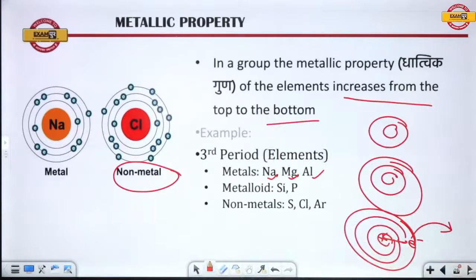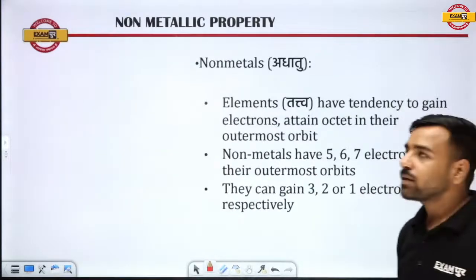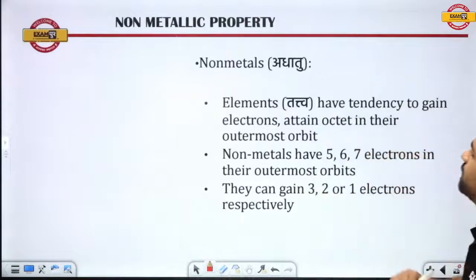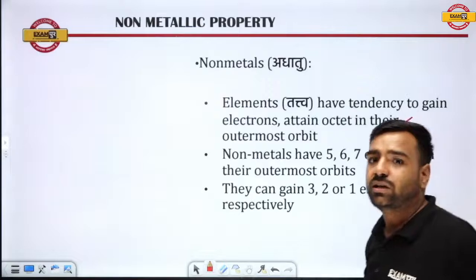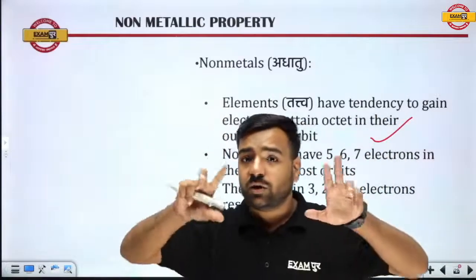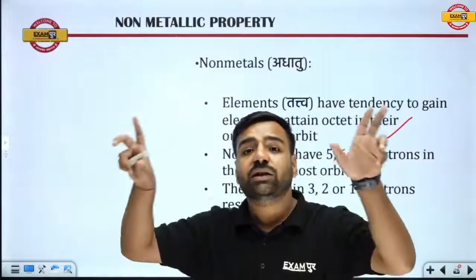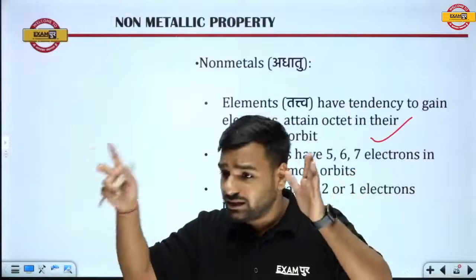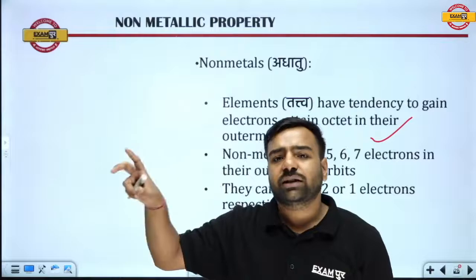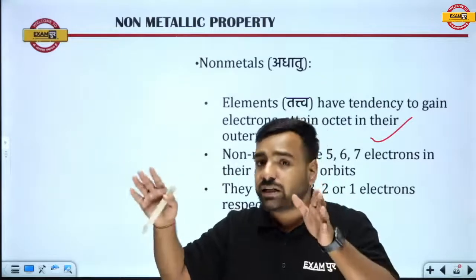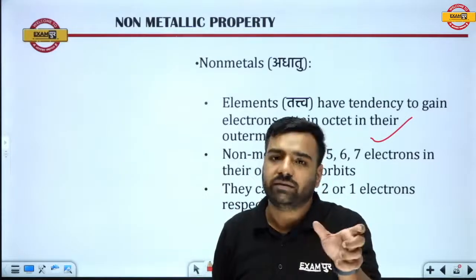Moving forward with the non-metallic part, these elements have the tendency to gain electrons or attain an octet in their outermost shell. Octet is completed when the number of electrons required in the outermost shell is 8, right?